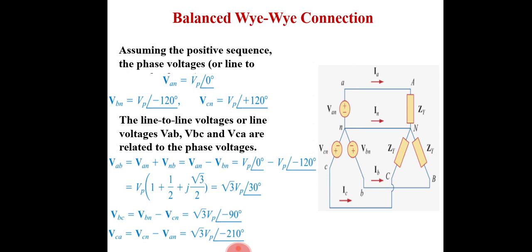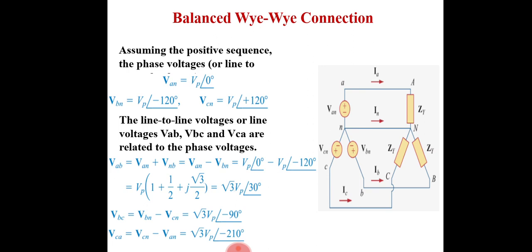Here we take VP as common in the bracket. Cos 0 is equal to 1, so 1, plus sin 0 is equal to 0, minus cos minus 120 degrees, which is minus 1/2, minus sin minus 120 degrees, which is minus √3/2.